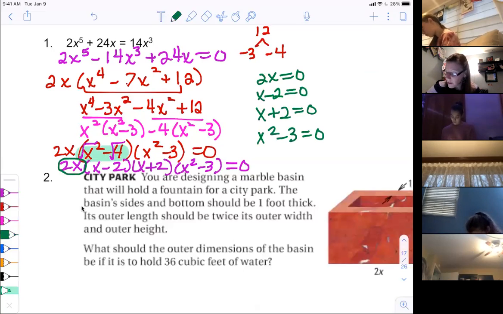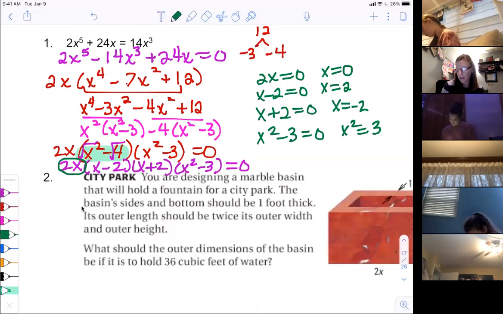So my first answer, if I divide by 2, I get 0. The second one, I have a 2. And the third one, I have a negative 2. However, the last one that I have written here says x squared. So if I solve for this, I have to take the 3 to the other side and I get x squared equals 3.